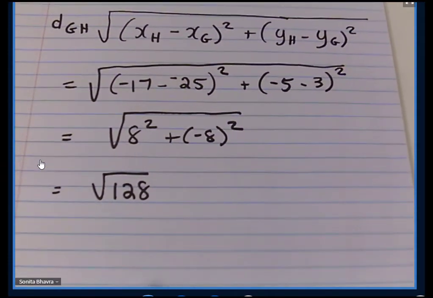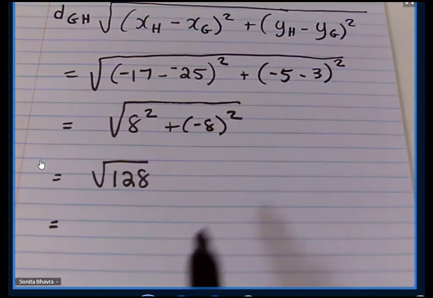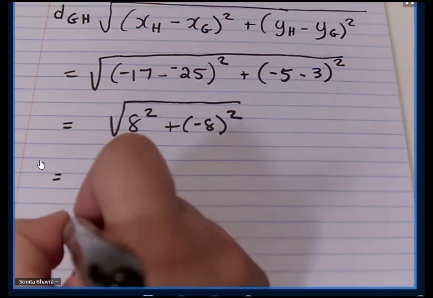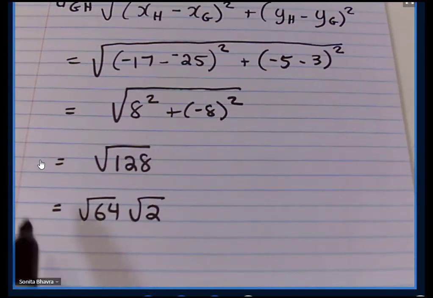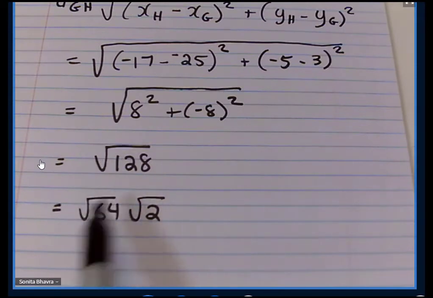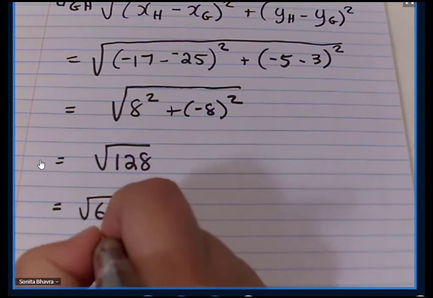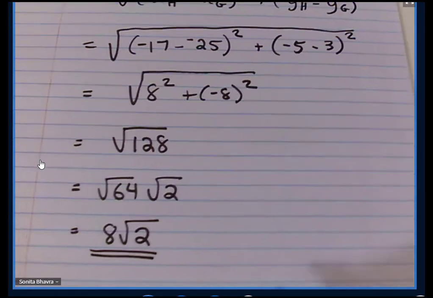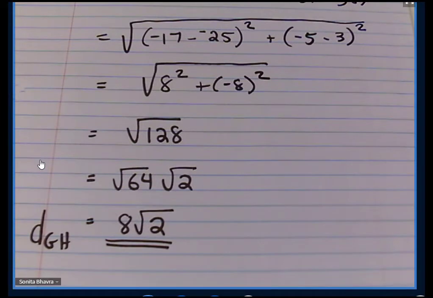So what we can do now is simplify this further, using a perfect square that will multiply to give me 128. I'm going to use 64 and 2. 64 times 2 gives me 128. 64 is a perfect square. Square root of 64 is 8, so our answer is 8 root 2. And that is the distance from G to H.